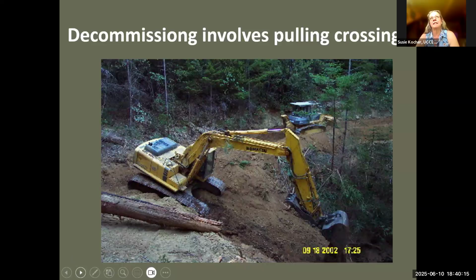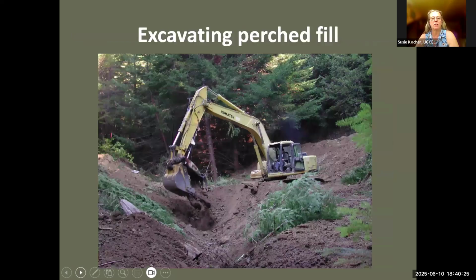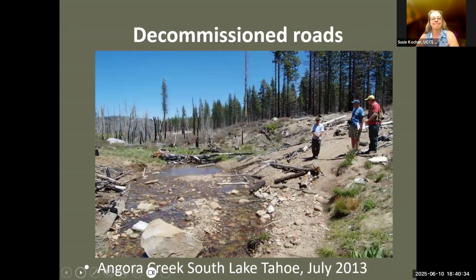So there are less expensive ways of doing it, like not completely finishing the surface, maybe just pulling the culvert. And then maybe if you needed the road later, you could replace the culvert. Here's the perched fill. Underneath is the culvert, and the surface of the road went that way.